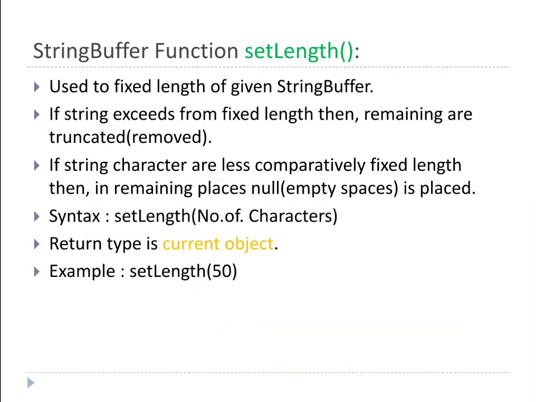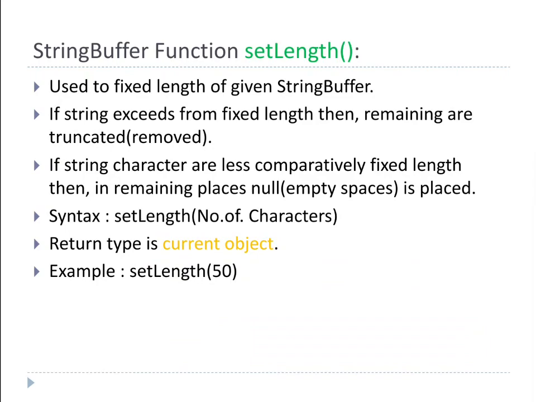Then we have the setLength function. From the name itself, it is used to set a particular length. If we want to fix the length, then we have to use setLength. If the string exceeds the fixed length, what will happen? The remaining characters are truncated, removed, deleted.